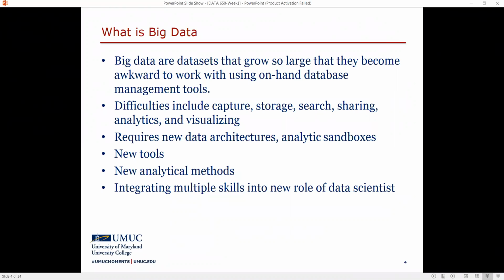We need new approaches and new technology to deal with the complexity of the data, new tools, new analytical methods, and of course, at the end of the day, this has to translate into a new set of skills data analysts and data scientists must have in order to deal with this complexity. I am stressing that it is about the technology, the approaches, and the architecture to deal with big data. And as a data scientist or data analyst, you will have to learn new skills.